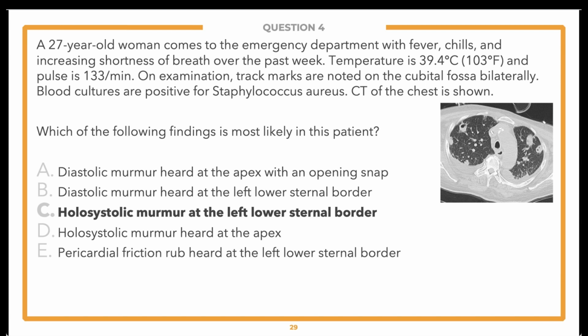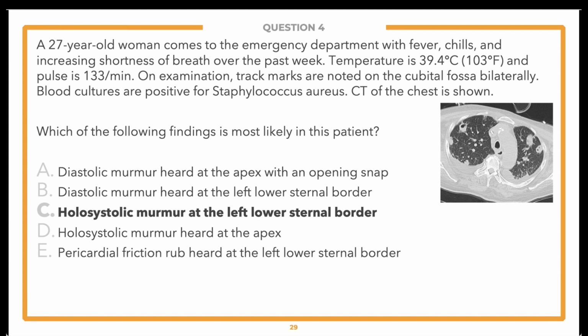So let's look at the other answer choices. Pericardial friction rub heard at the left lower sternal border would be indicative of pericarditis, which would be less likely in a patient with cavitary lung lesions. A holosystolic murmur heard at the apex would indicate mitral regurgitation.